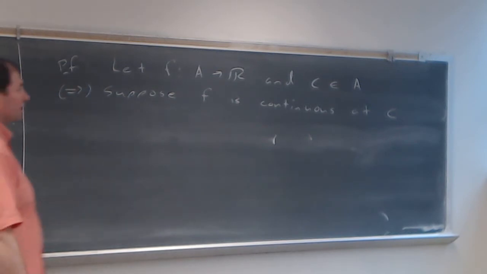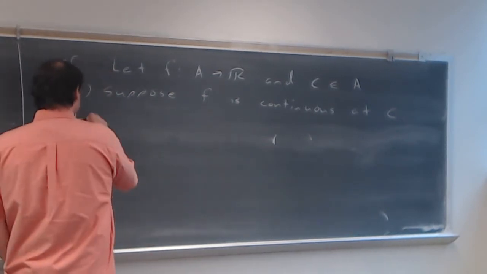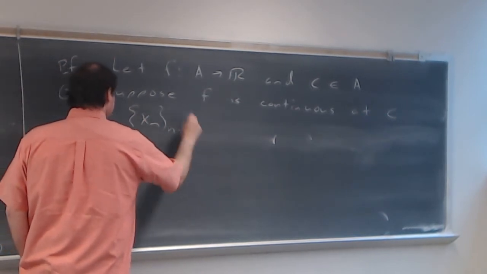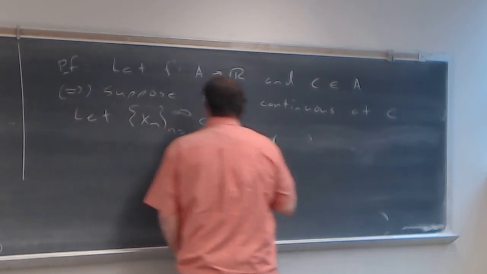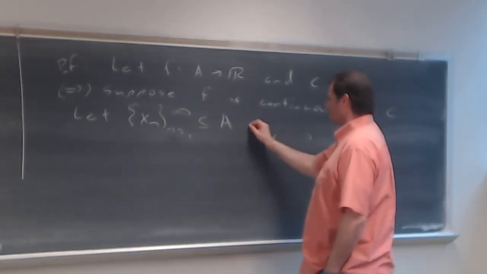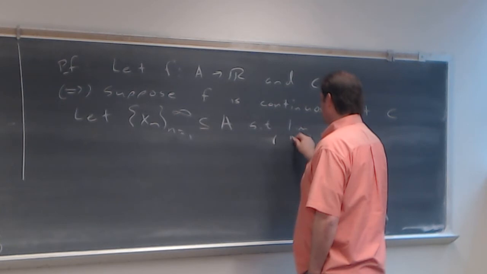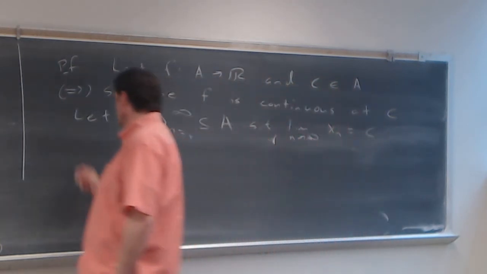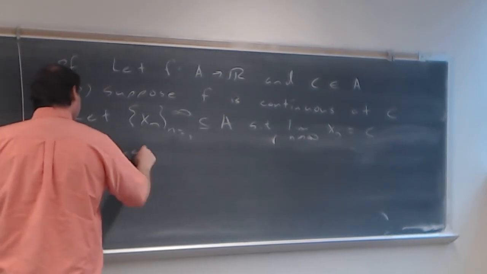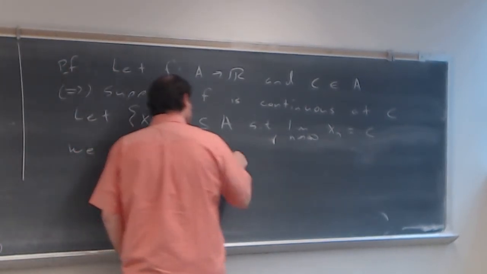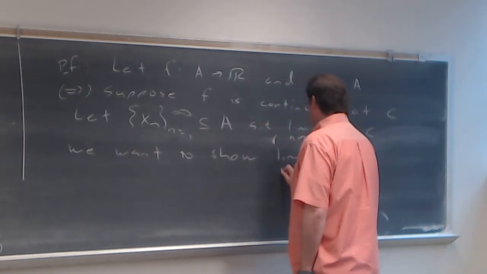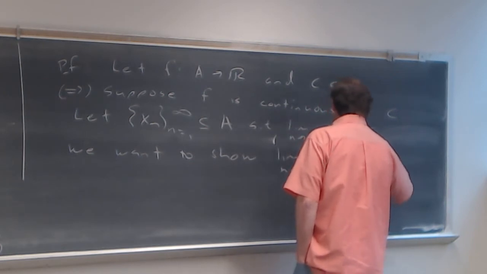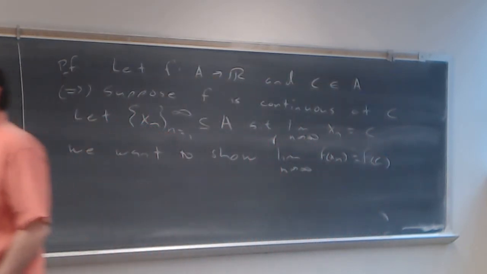So we take a generic sequence in A. So let x_n be a sequence in A such that the limit as n goes to infinity of x_n equals c. We want to show that the limit as n goes to infinity of f of x_n equals f of c. That's our goal for this part.